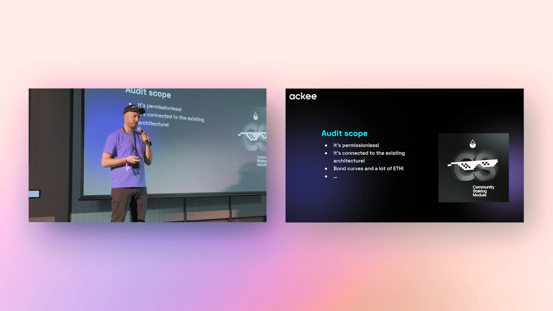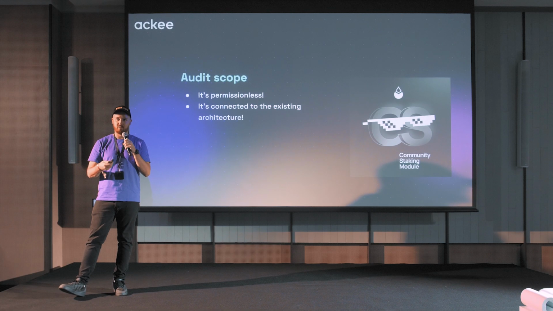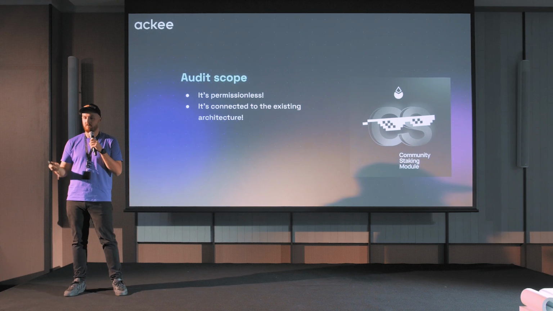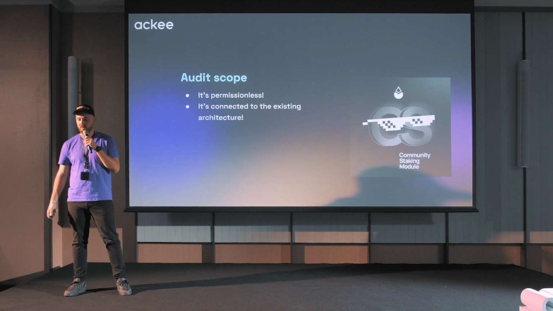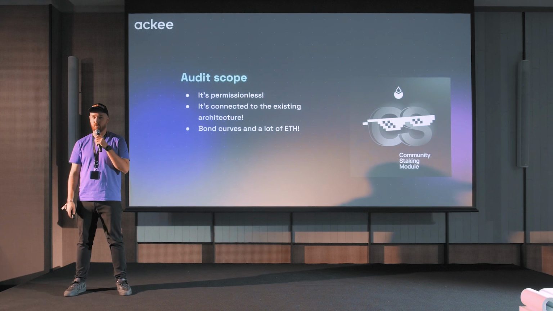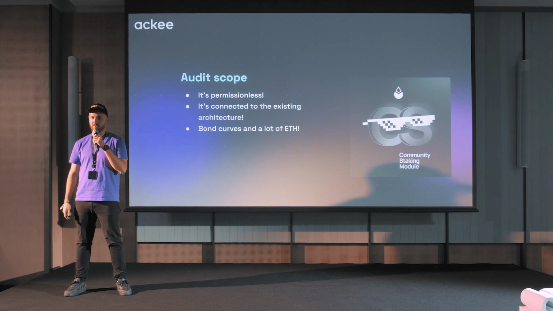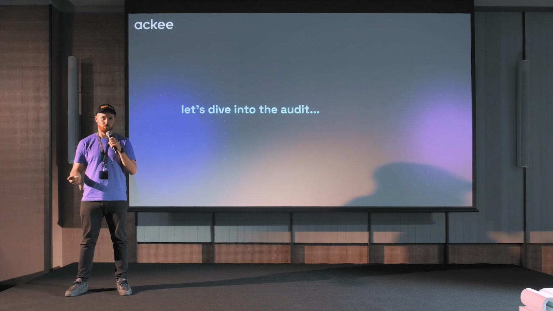What is more important is that it's connected to some existing architecture where it can possibly bring some new entropy and create some new attack vectors. So that's also a very interesting point. And then there are bunkers and possibly a lot of fees, so a lot of motivation to break it and much more. So we have a scope, so we can dive in.